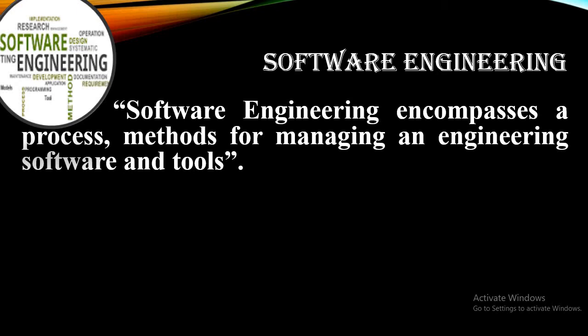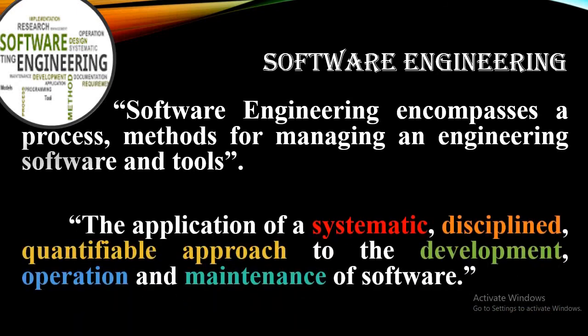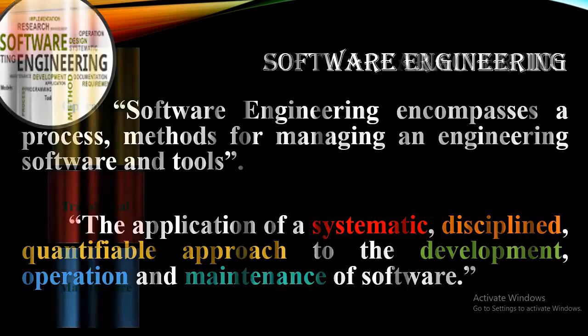The same definition is redefined by IEEE, which says: software engineering is a systematic, disciplined, quantifiable approach to the development, operation and maintenance of software. So software engineering is the application of a systematic, disciplined and quantifiable approach to the development, operation and maintenance of software. This is the definition of software engineering.